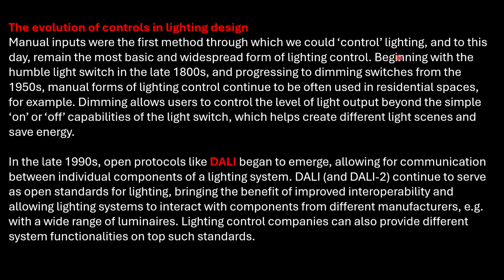Beginning with the humble light switch in the late 1800s and progressing to dimming switches from the 1950s, manual forms of lighting control continue to be often used in residential spaces. For example, dimming allows users to control the level of light beyond the simple on and off capabilities of the light switch, which helps create different light scenes and save energy also.